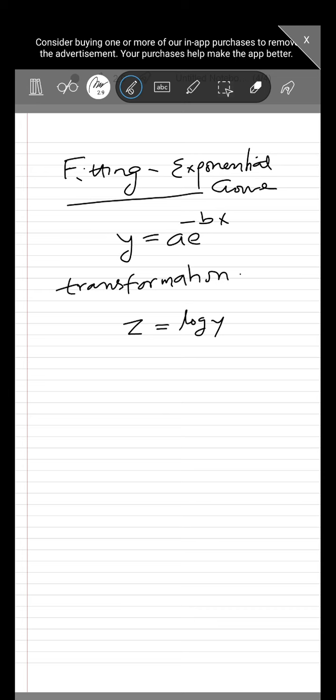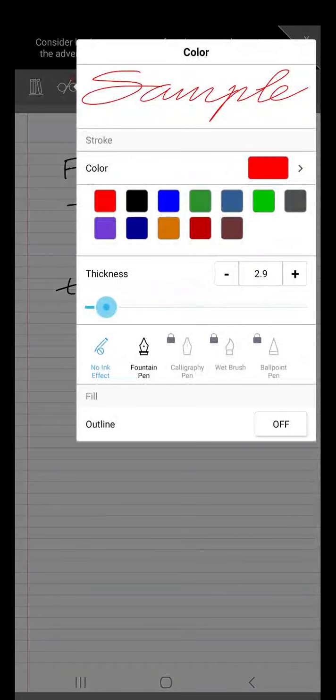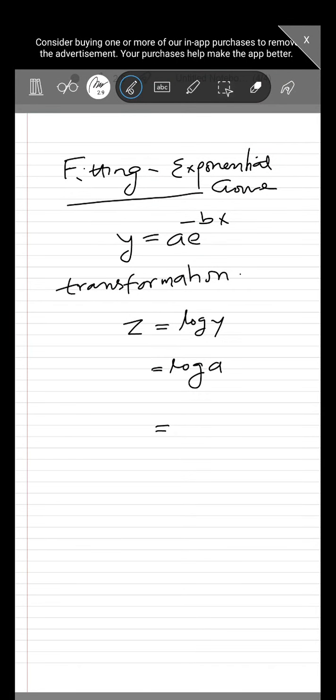So if that is the case, then it will be log of a e to the power minus bx.